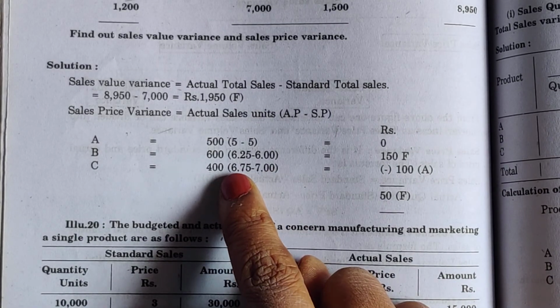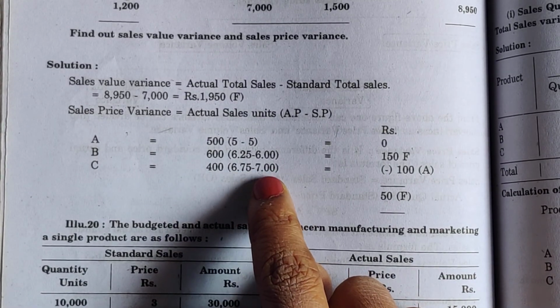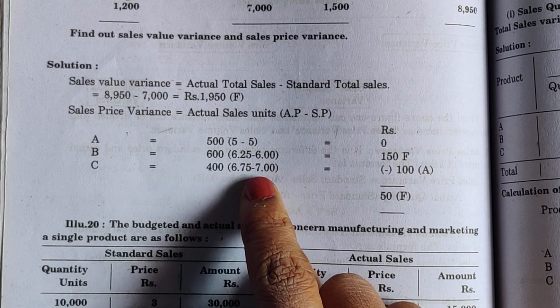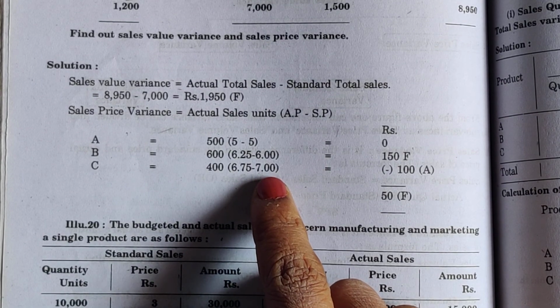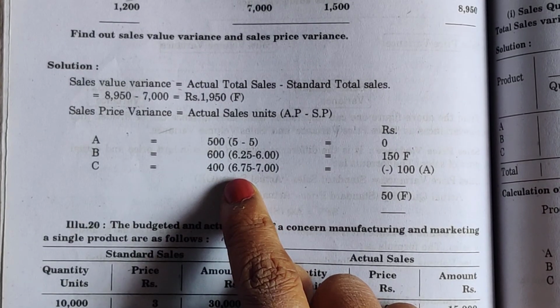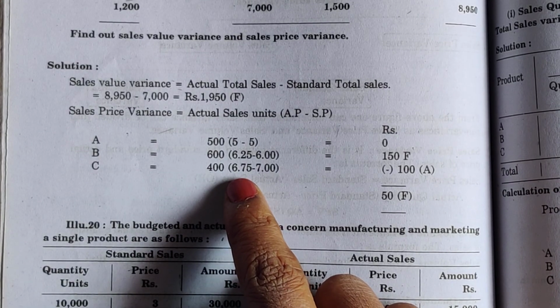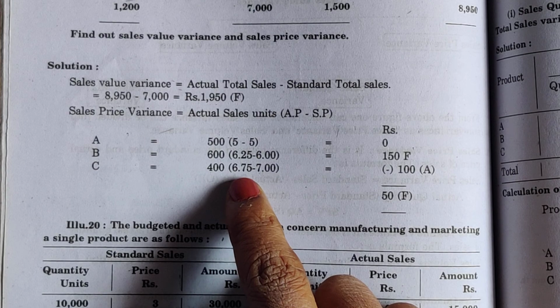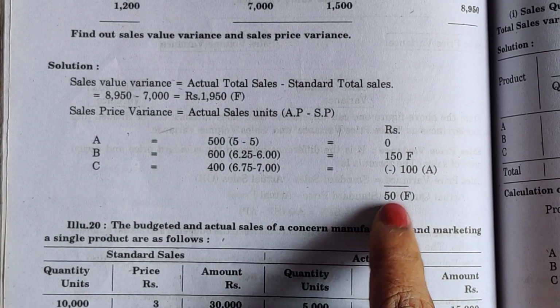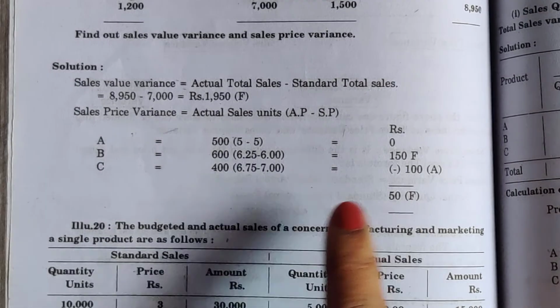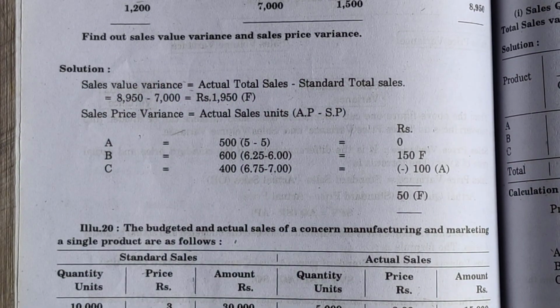But in this C product, we reduced the selling price. Actually we expected 7 rupees, but we actually sold these products for 6 rupees 75 pice. So this is the adverse amount. That's why we got this 50 rupees favorable. So in this way we will calculate the sales price variance also.